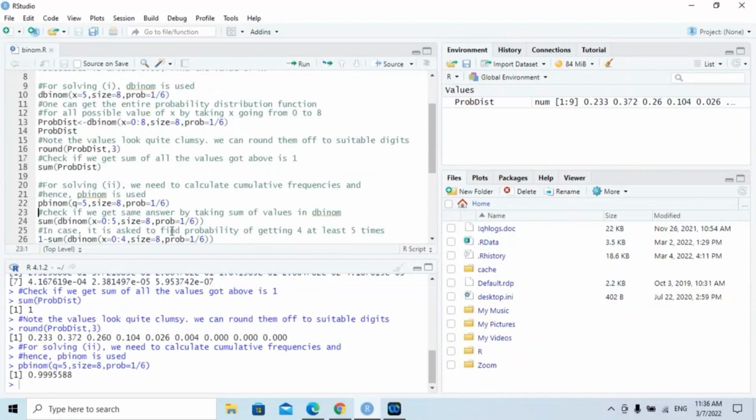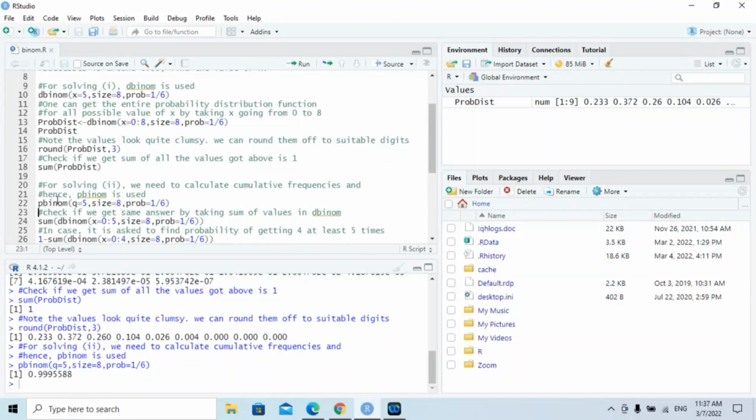If I press control enter, I get the value to be say 0.9995. And I can check this with the help of the dbinom function again, whether this is right or wrong. This is a cumulative frequency. If you remember, we had created this probability distribution table where we put value of x from 0 to 8.